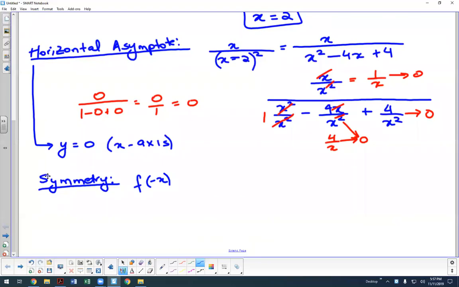So replacing our x with negative x will give us negative x on the top and then negative x minus 2 on the bottom. Obviously we're not going back to the original function because I have a negative x which will stay behind on my numerator, so I don't have an even function.